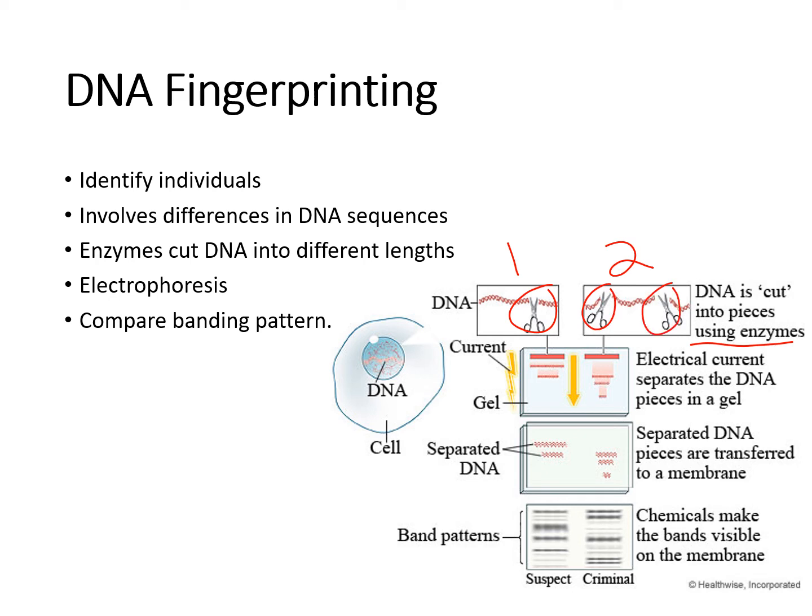Then you take those samples of DNA, you run them on electrophoresis, which will separate out the fragments by size. So this separates the DNA, and then you compare the banding pattern of the two individuals. And every individual person will have a unique banding pattern. That's why they refer to it as DNA fingerprinting. Like every individual has unique fingerprints, every person has a unique DNA banding pattern.